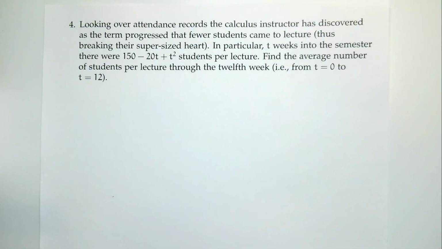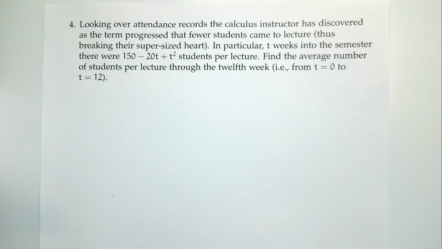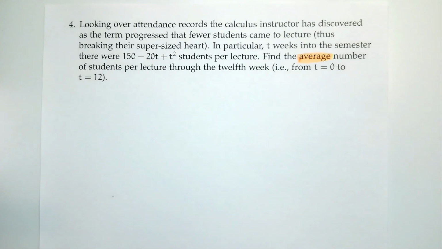Now, there's one key word in this problem that if we see it, pretty much gives away everything that's going to happen. And it's not heart, but it is true, calculus instructors have a lot of heart. Now, the key word here is average. So, average actually means something. And so once we understand what the key word is, that's going to tell us what the right formula to use will be.